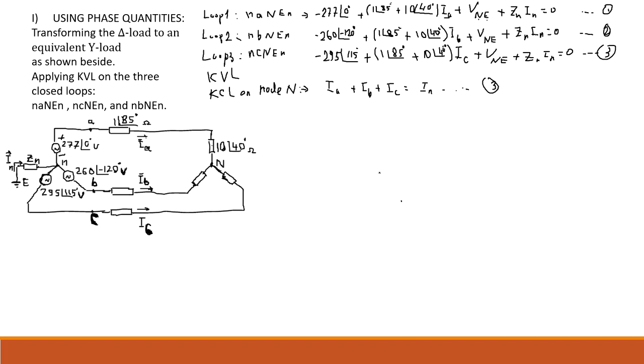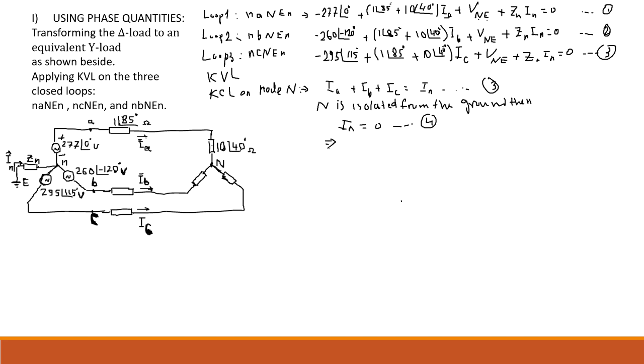Applying Kirchhoff's current law, since the neutral point of the load is isolated from the ground, the neutral current IN equals 0.